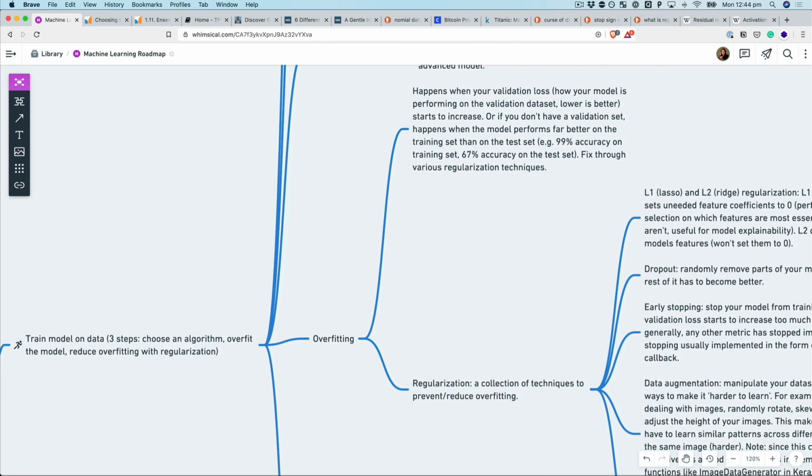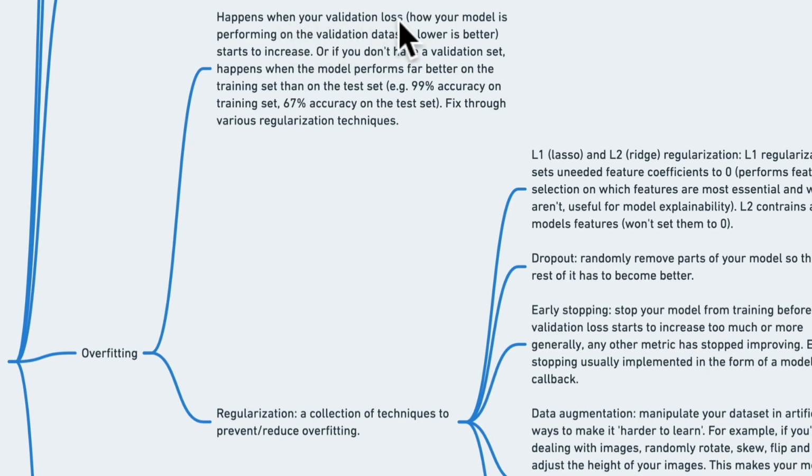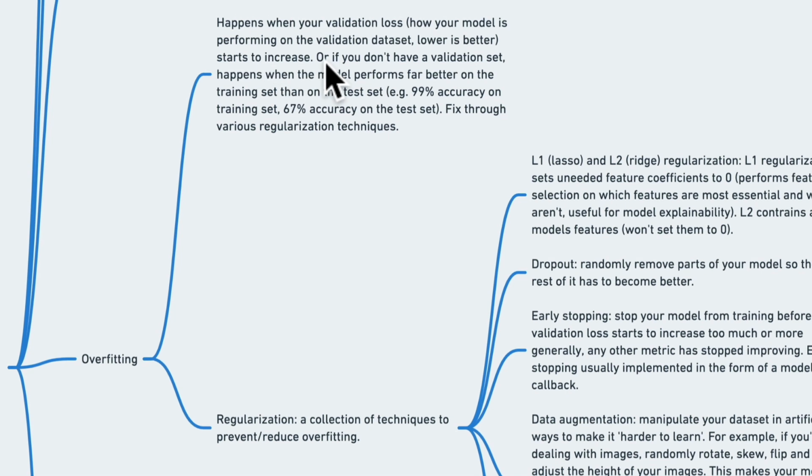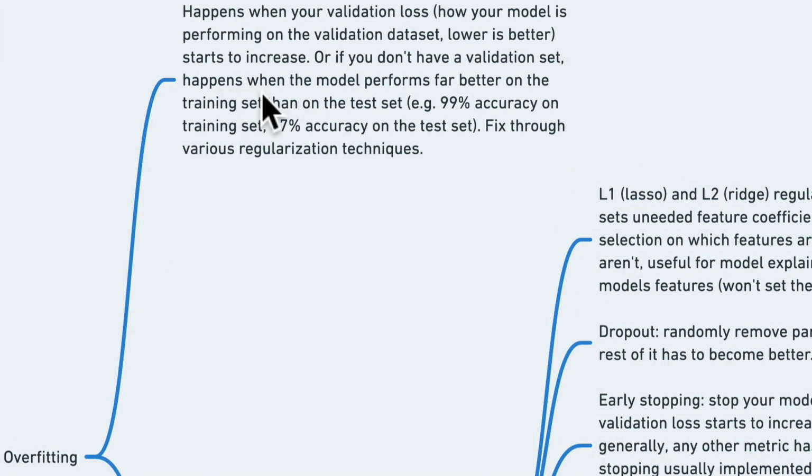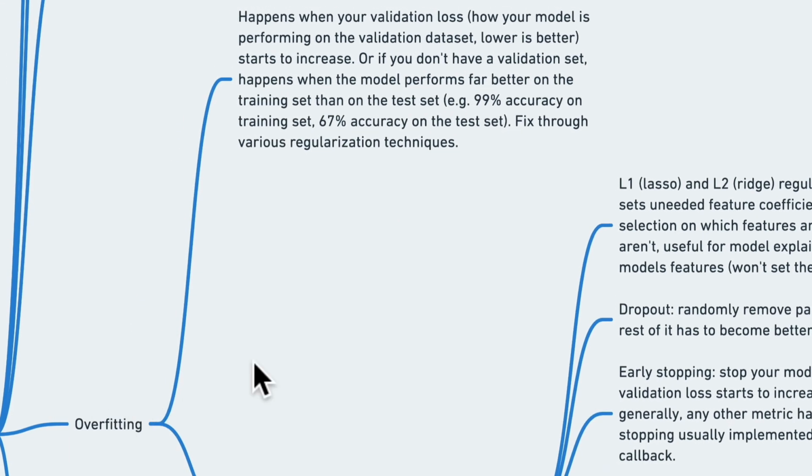Overfitting happens when your validation loss, how your model is performing on the validation dataset, lower is better, starts to increase. Or if you don't have a validation set, it happens when the model performs far better on the training set than on the test set. Overfitting is usually like, for example, when you're studying for an exam and you've learned the course materials too much.